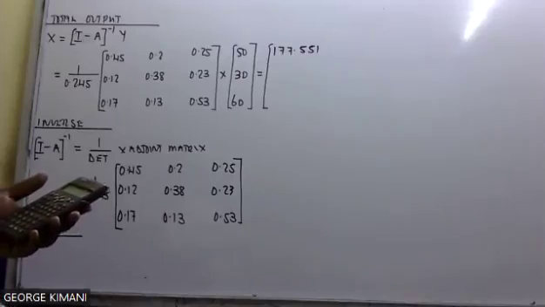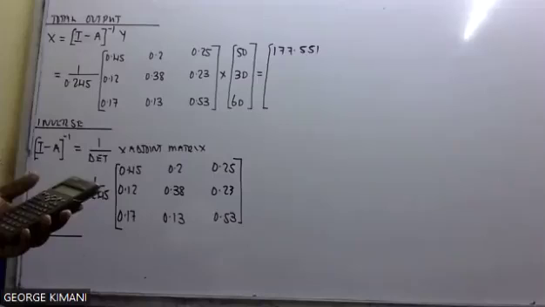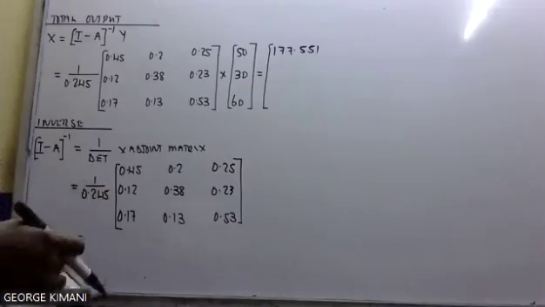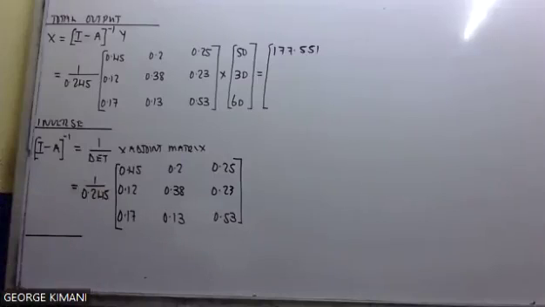It will depend on what you have put. Oh, I think I've made a mistake. 0.12 times 50 plus 0.38 times 30 plus 0.23 times 60.